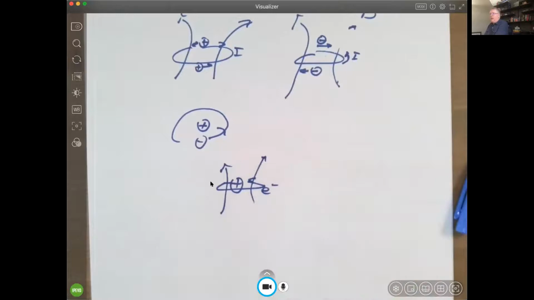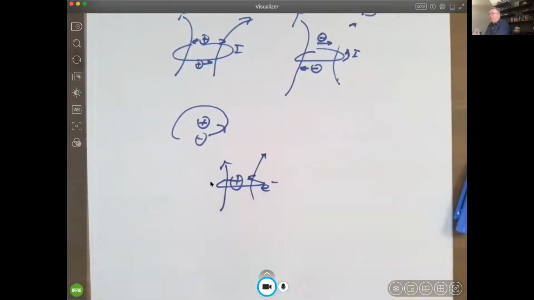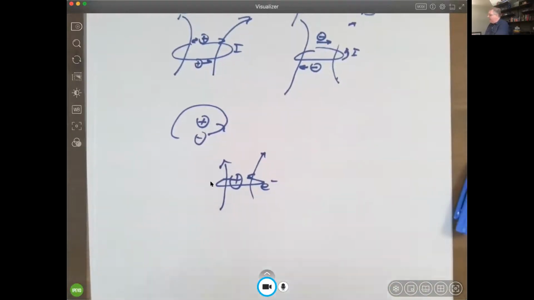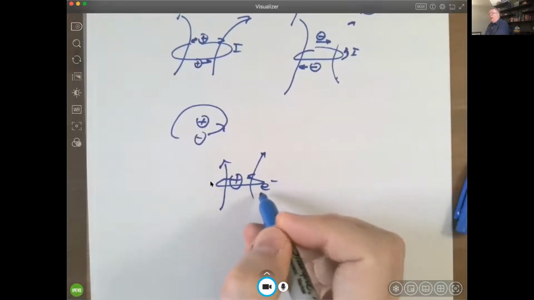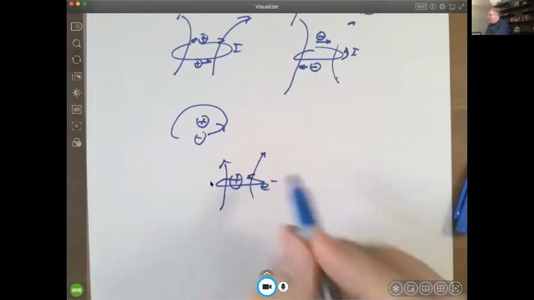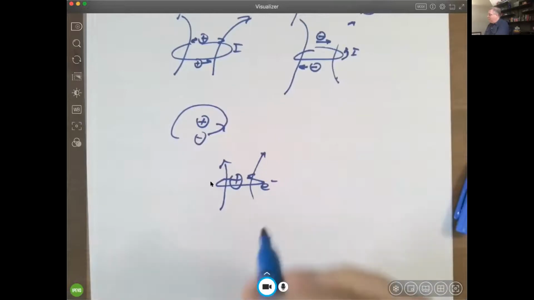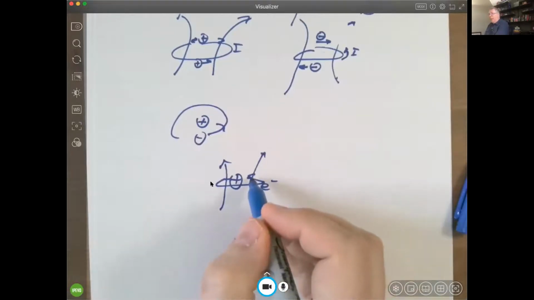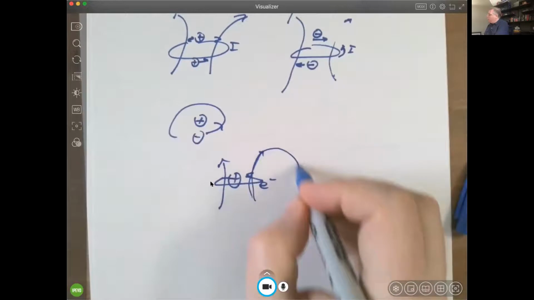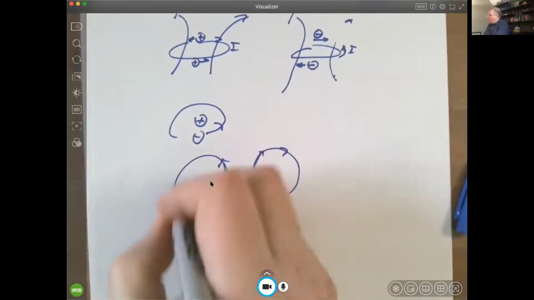For instance, a hydrogen atom, which has just a single electron, will create a magnetic field. A tiny one, a tiny electron in a tiny little loop, but it's moving pretty fast. It's creating a magnetic field that looks just like a current loop.